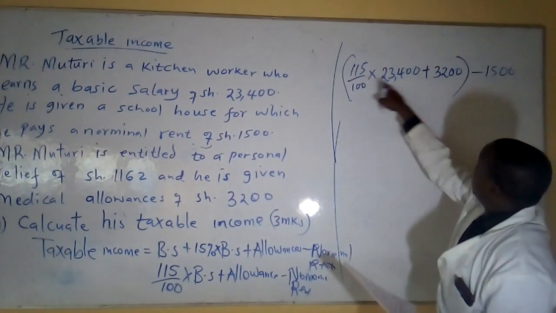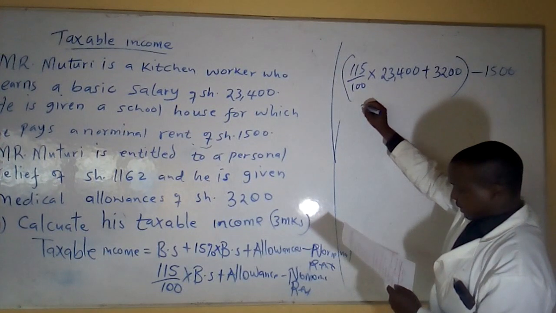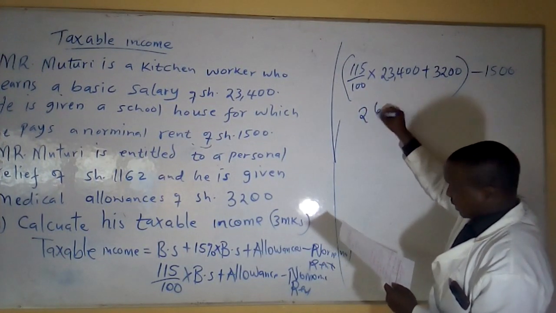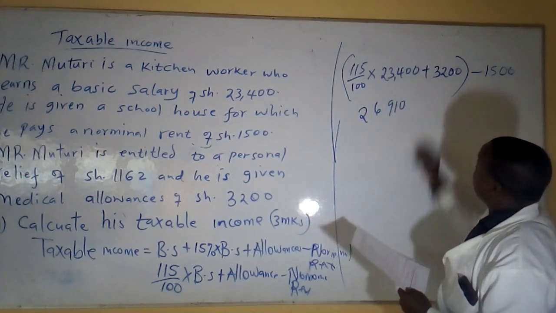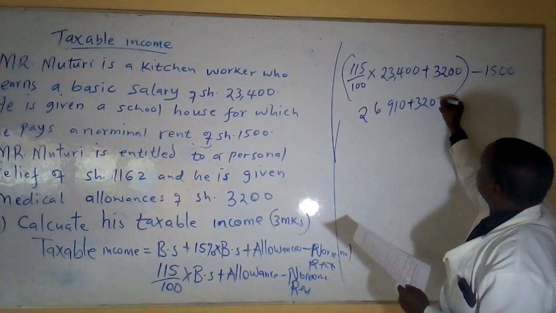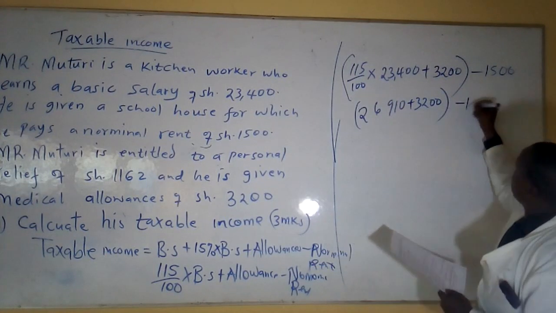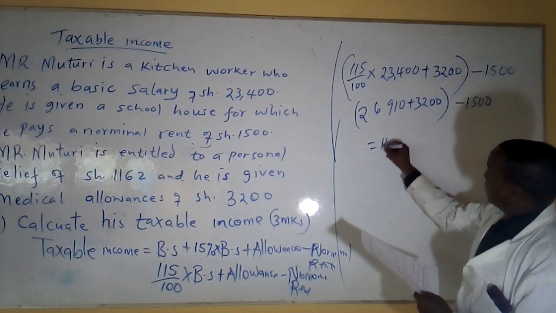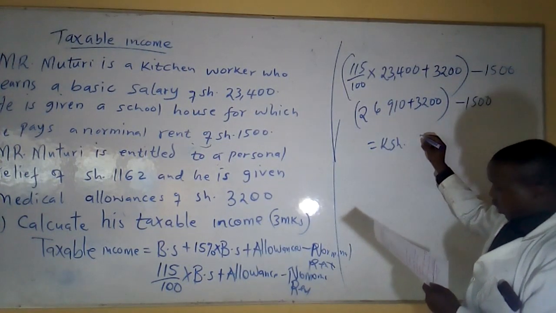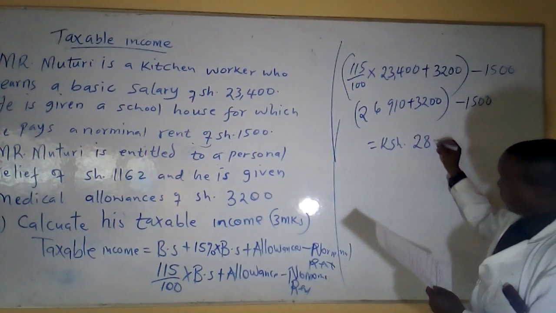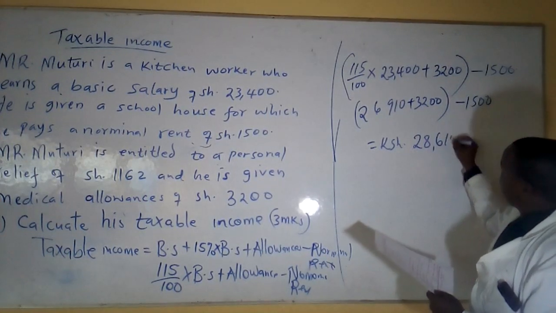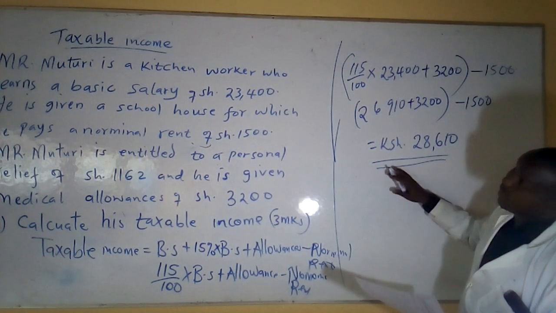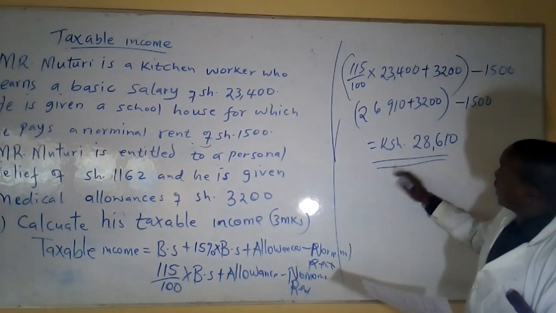So this times this, we will have 26,910, and then plus 3,200, subtract 1,500. And this will give us Kenya shillings 28,610.